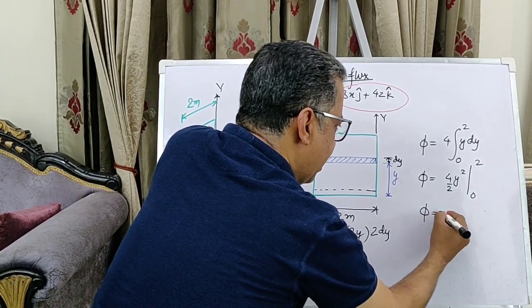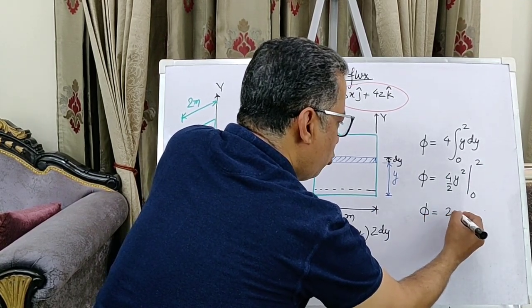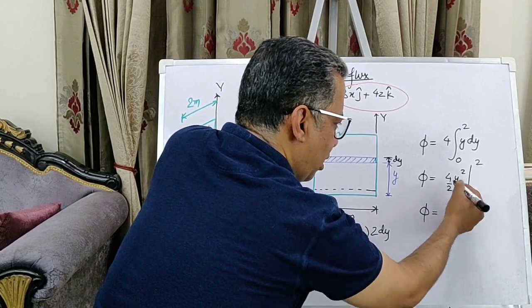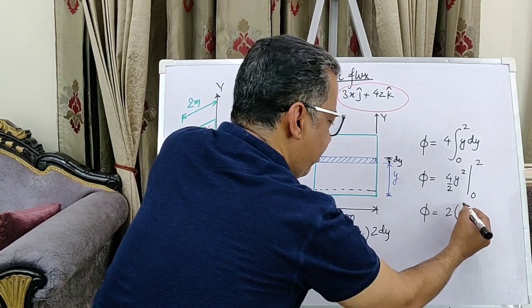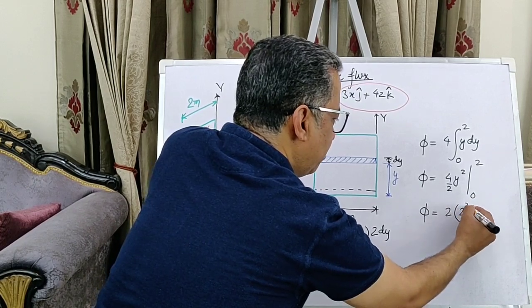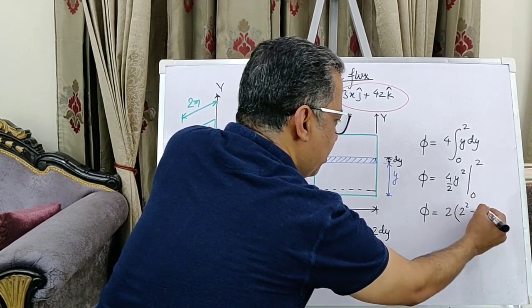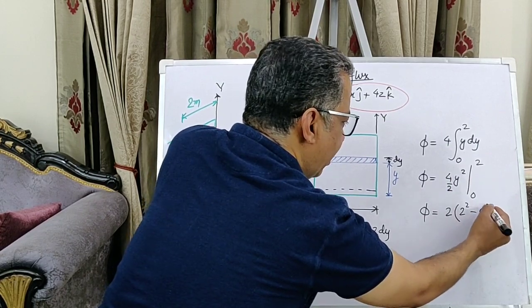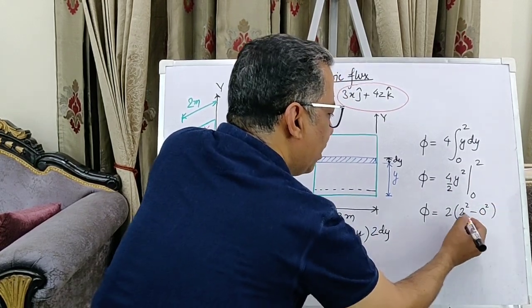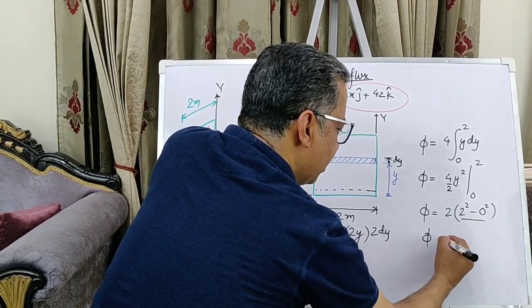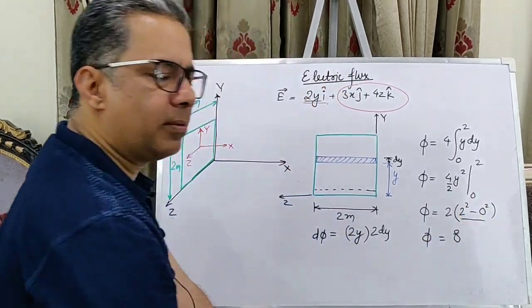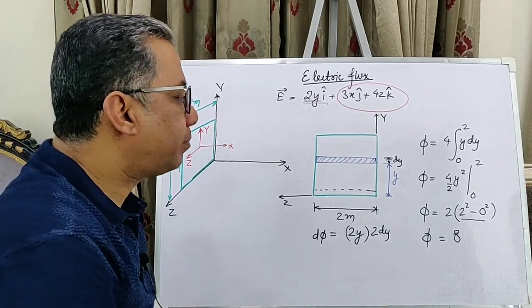So phi is 2 times y square. Now in place of y, when we substitute 2, we have 2 square minus, we substitute 0 in place of y square, we get 0 square. So this is 4 times 2, and so the flux is 8 units of flux.